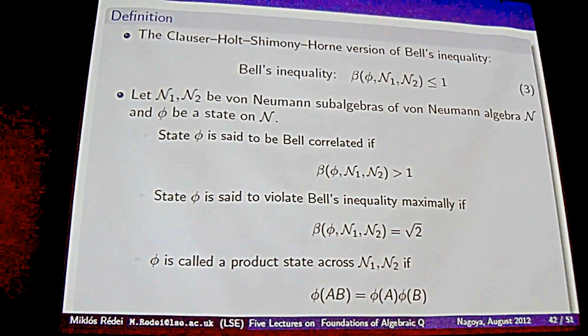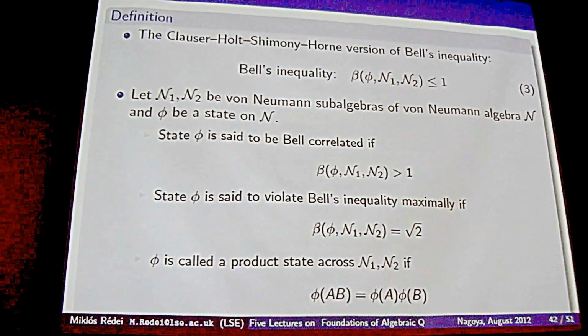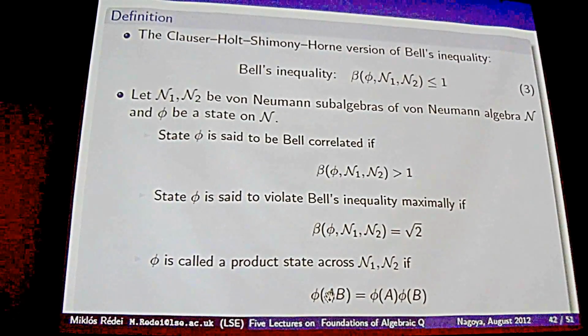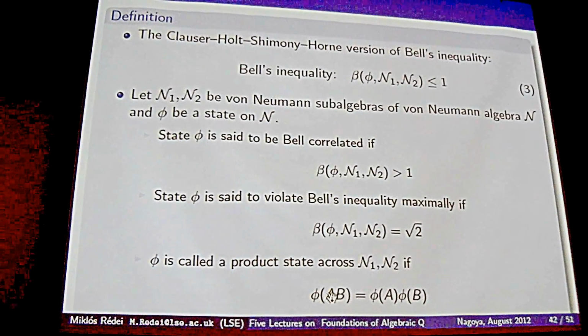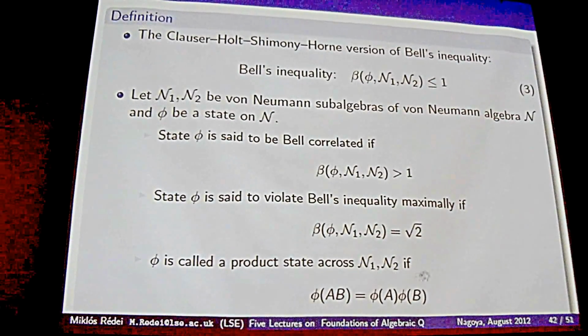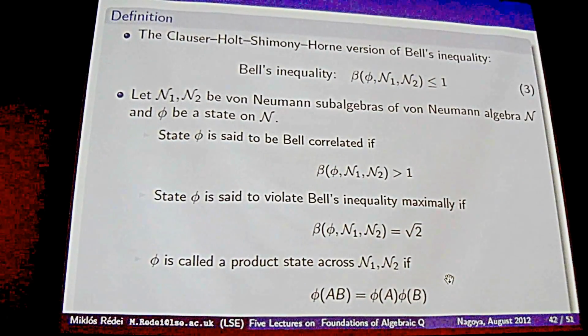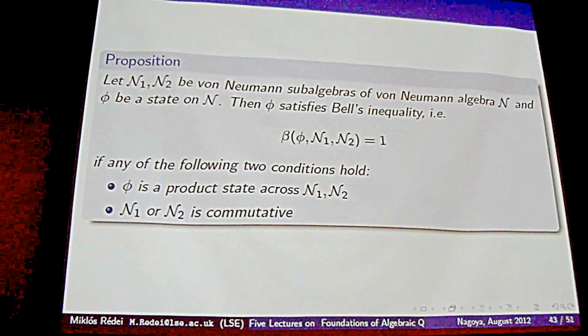A state is called a product state across these two sub-von Neumann algebras if the value of the state on the product of two observables from the respective subalgebras factorizes into the product of the expectation values of the observables.